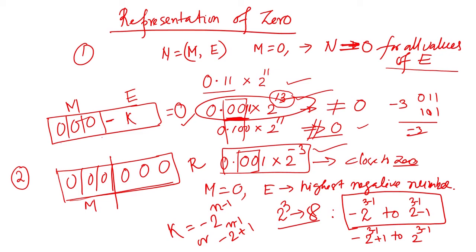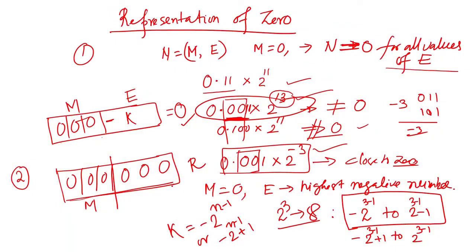Now, 0 is represented as this one in floating point, and in fixed point I represent 0 like this. Okay. So, there is a conflict, right. In the mantissa part both agree. So, 0 is actually all bits should be 0, but in the exponent part, the earlier concept is saying that to represent 0, the exponent should be represented as the highest negative number, but here we say no, it should be 0 only.